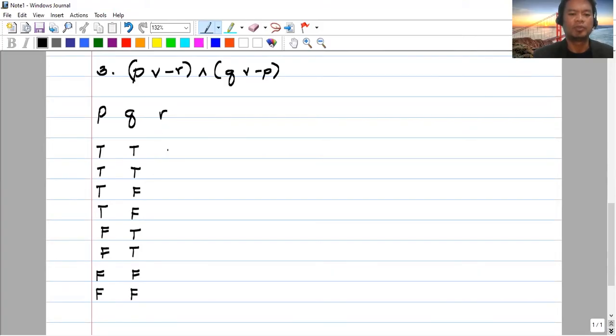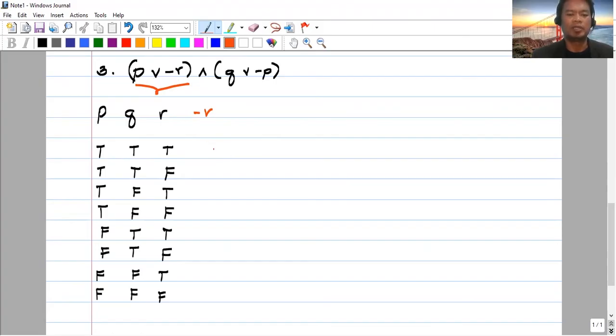For the third variable, we have 1 true, 1 false, true, false, true, false. So in the first expression, we have P or not R. We need our R here, or the negation of R, so we can formulate our P or not R.